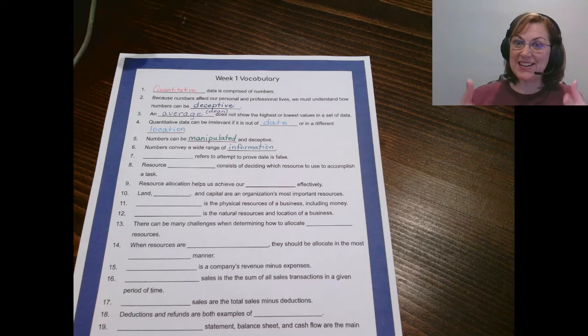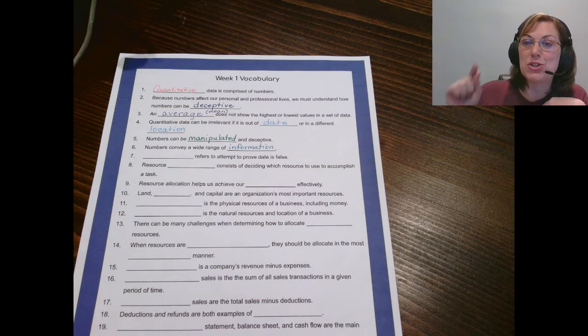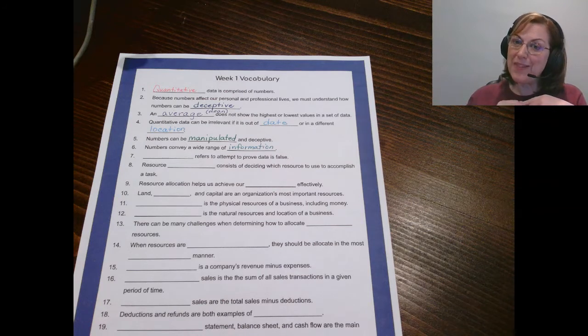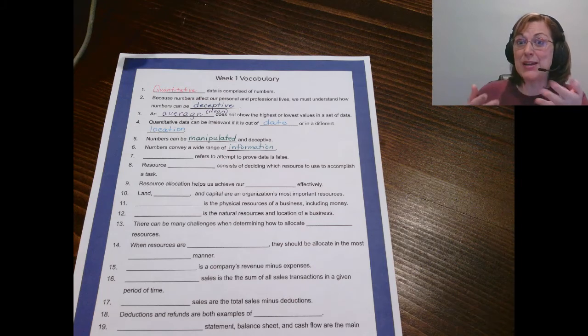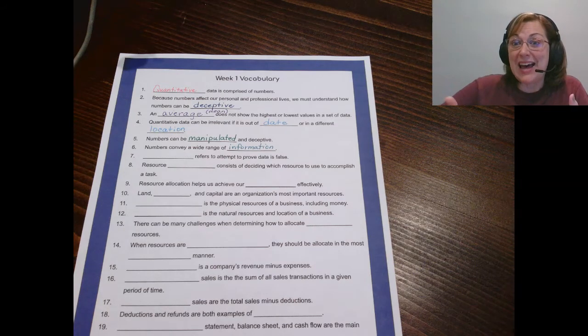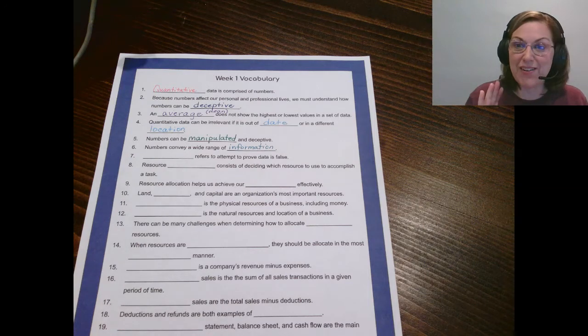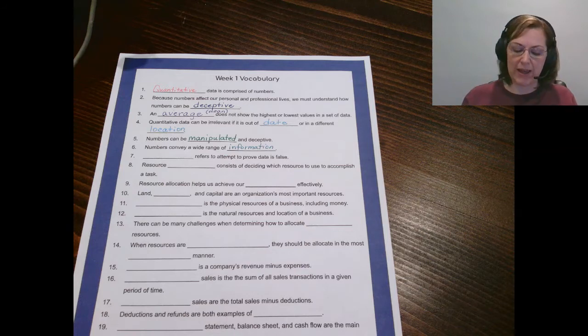And really, let's be honest, we want to use the information to make good decisions for ourselves, both personally and professionally. So that's what this whole course is about: interpreting that numeric data, because we can have numeric data in a lot of different areas. So we want to be prepared. We want to be skillful in that way.